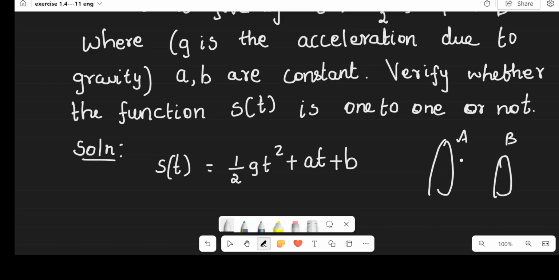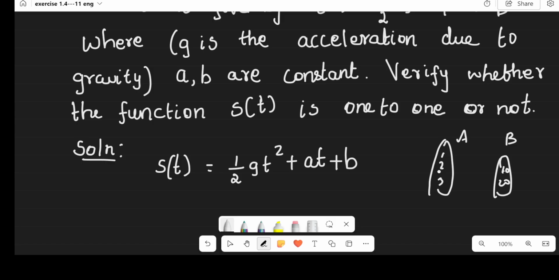This A is first set, B is second set. This is an example. Also we can say this A is input, B is output. Okay, here the input numbers will be there, and also in B there might be output numbers.